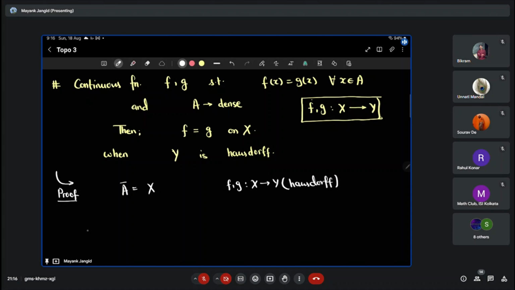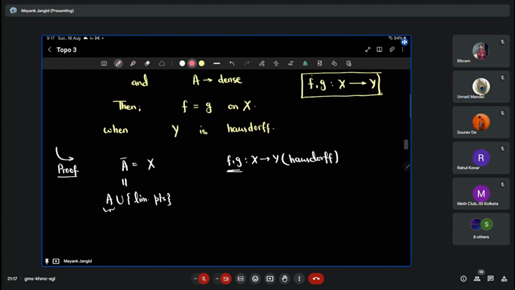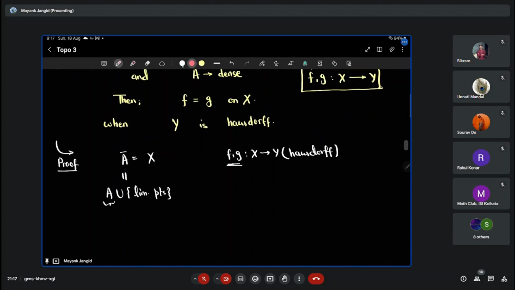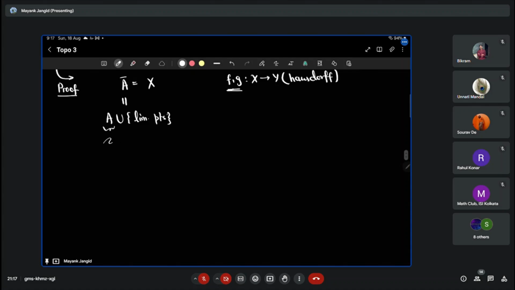Let us say both of these functions agree on A. A closure is A union the limit points of A. Now we want to prove that they agree everywhere. So say they don't agree.